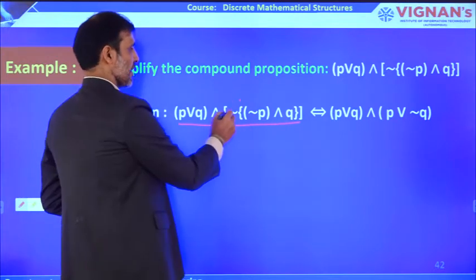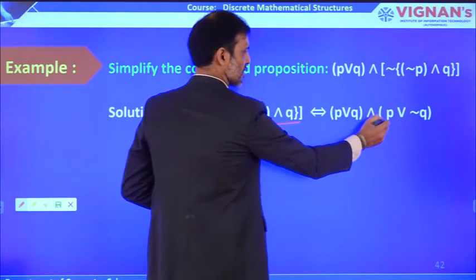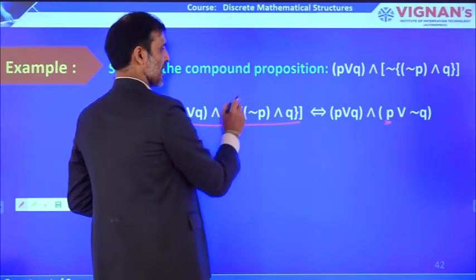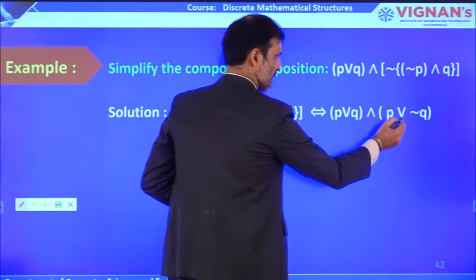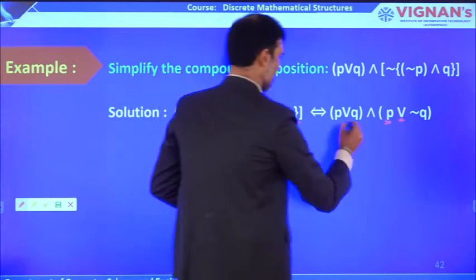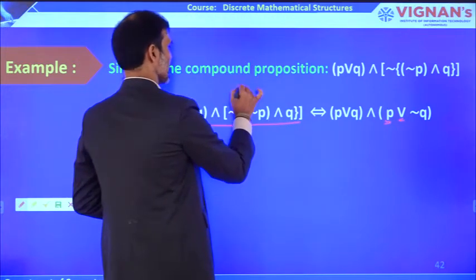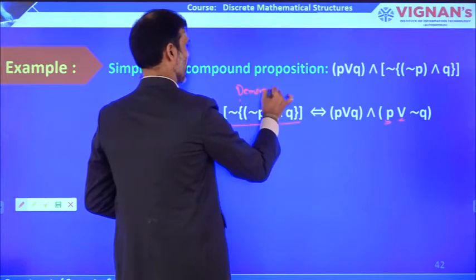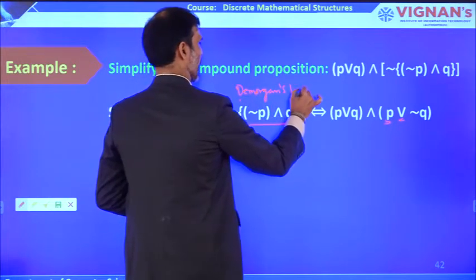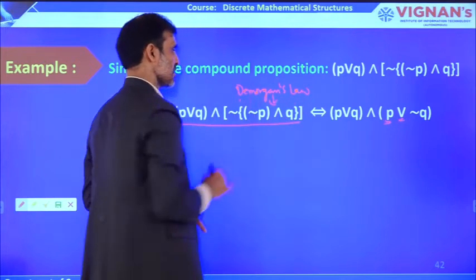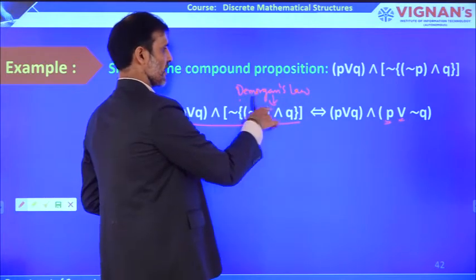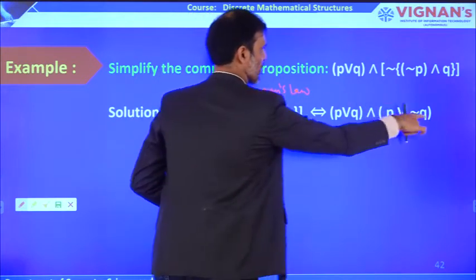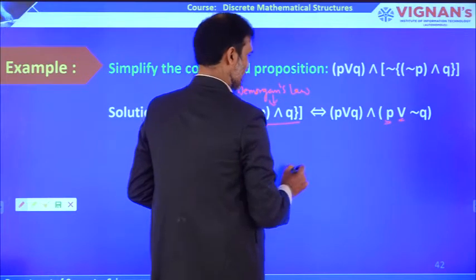So negation of P, you will get P here, and negation of N becomes R. Just go through De Morgan's law. I am applying De Morgan's law to this. So negation of P is P, and negation of N is R.